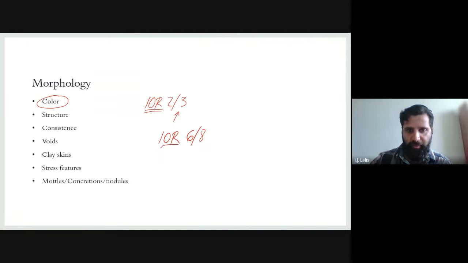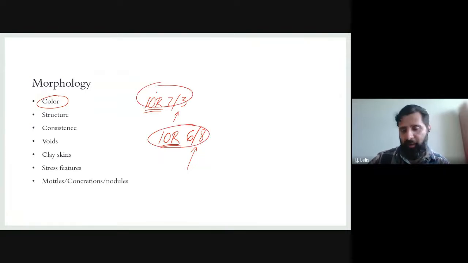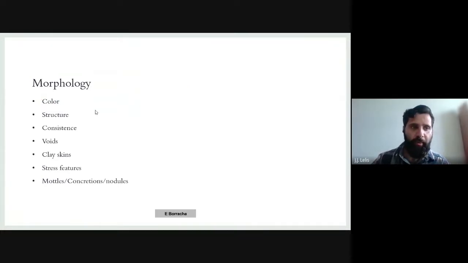So it's very red but presents high value and high chroma. So they are very different horizons or soils. Okay, we usually describe the color of the material, and we describe the color of mottles or concretions or nodules if we can register these bodies in soils.